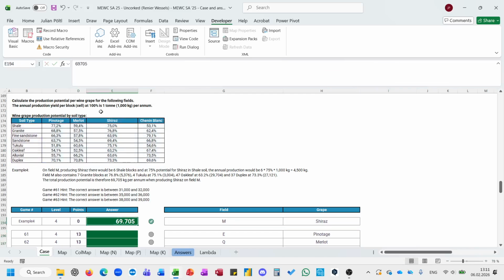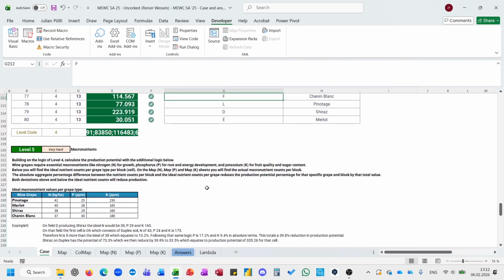Okay, so far so easy. When everything is fixed, it should work. Yeah, it works.